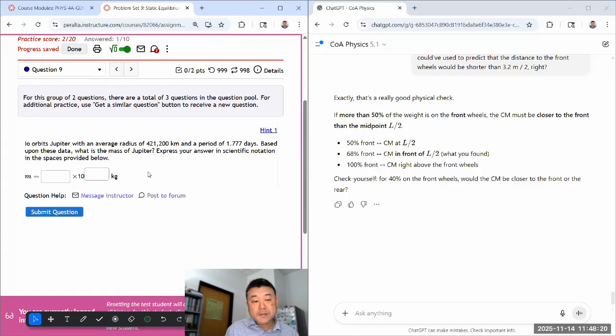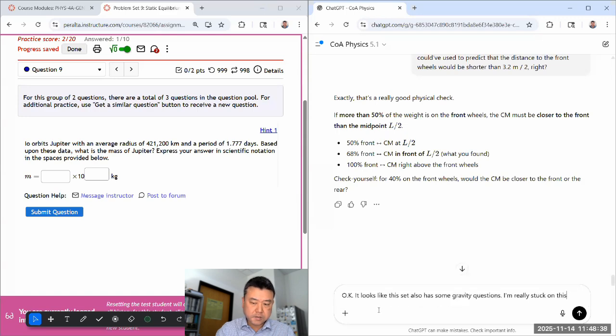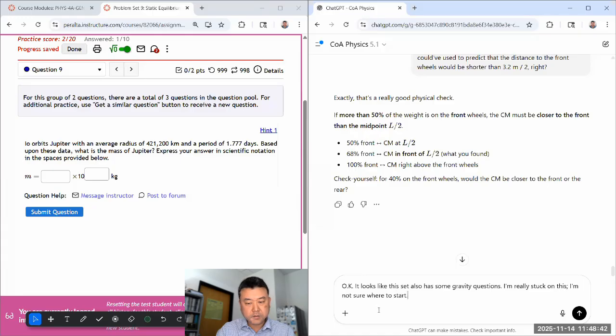But you can also do this from first principles. So let me ask. Okay, it looks like this set also has some gravity questions. I'm really stuck on this. I'm not sure where to start.